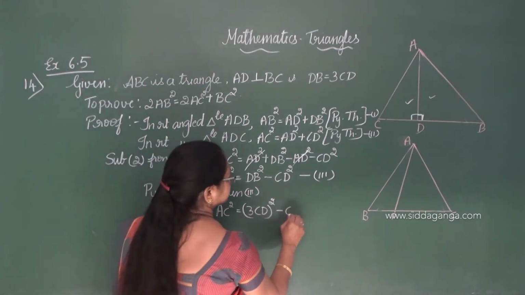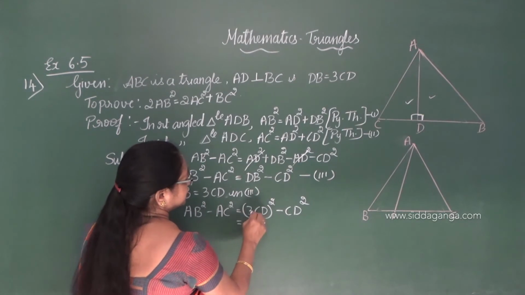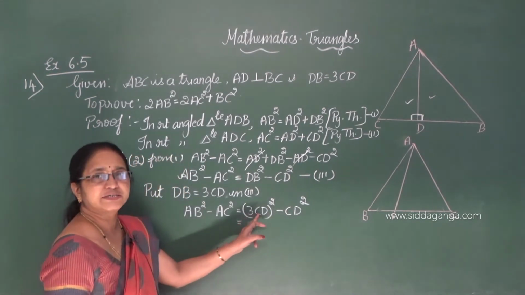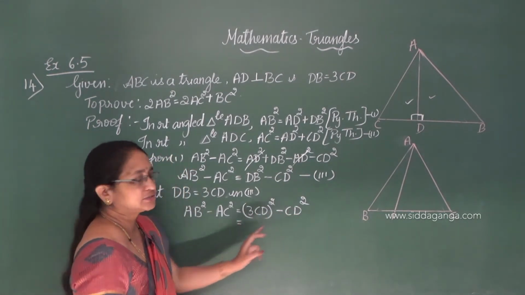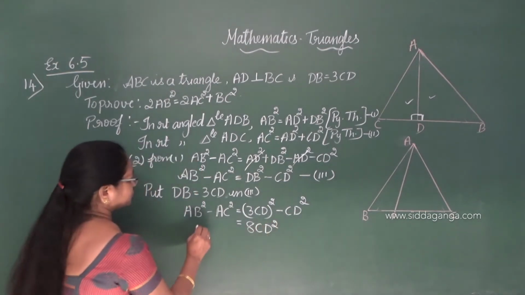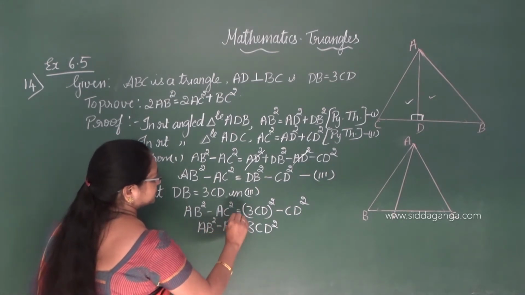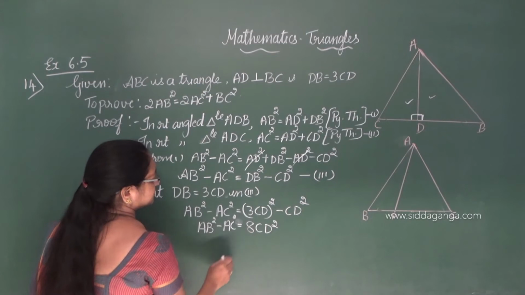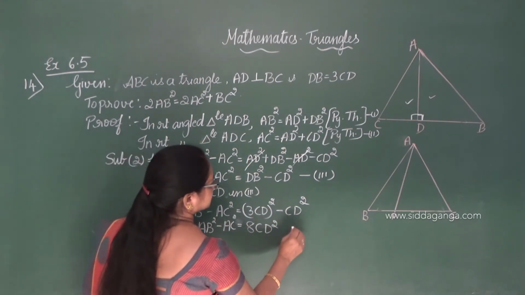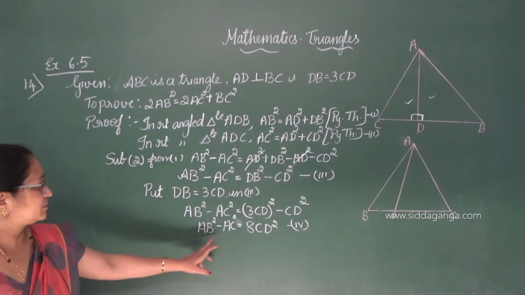So 3CD whole square minus CD square: 3 3s are 9 CD square minus CD square. So this will give you 8 CD square. So AB square minus AC square will give 8 CD square. So this, let it be the fourth equation. Okay, I hope you understood.